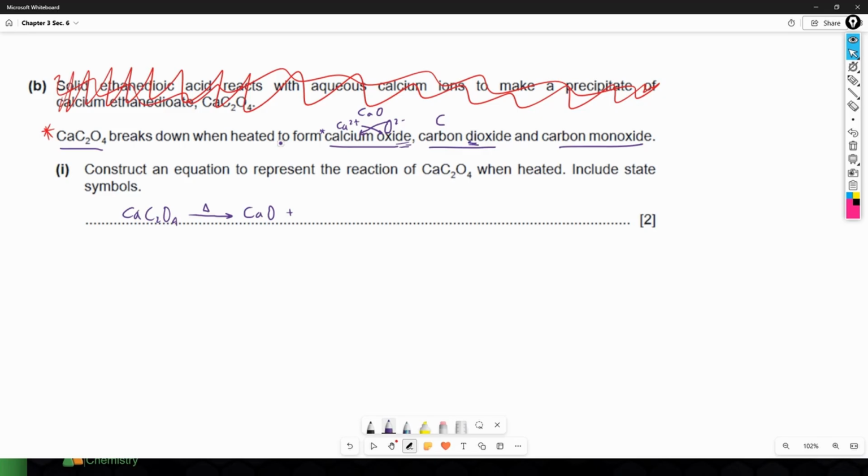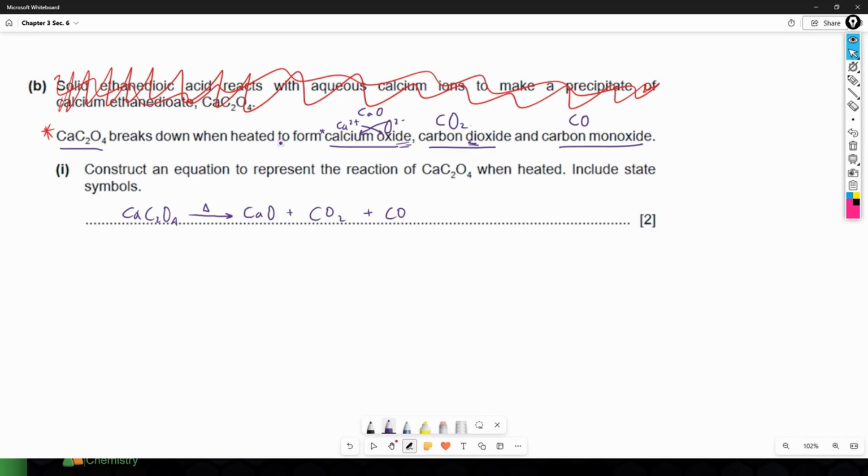Di means 2. Oxide is oxygen, because remember the ending is changed for the second element. So it's just going to be CO2. So that's our second product. Plus carbon, again one carbon because there's no prefix, and again it's covalent. Monoxide, mono meaning one, oxide meaning oxygen, so carbon monoxide means just CO.